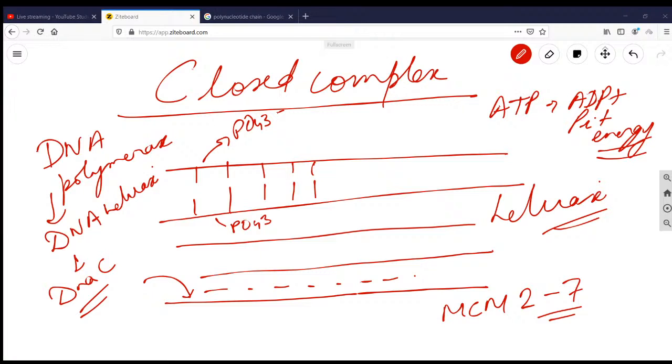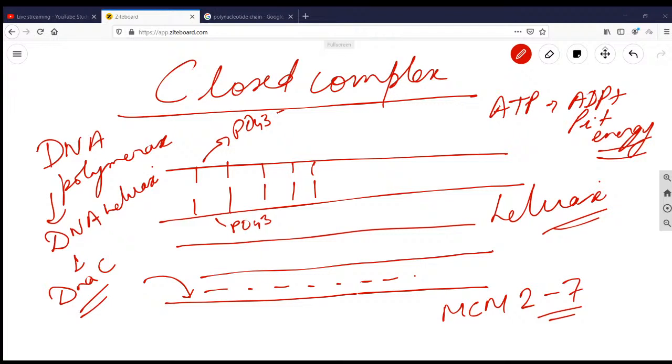Now the closed complex is converted into an open complex, of about 1.3 turns of double helix, in a series of steps by melting. Melting means denaturing the short DNA region around the minus 10 promoter region.